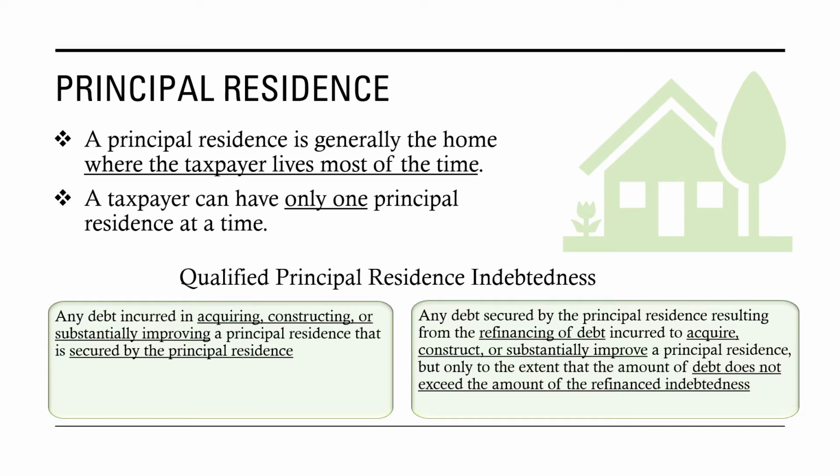So if it's a cash out refinance, or they're refinancing for a larger amount than what was originally owed on the home in order to pay off credit cards or student loans, that's not going to count for this.